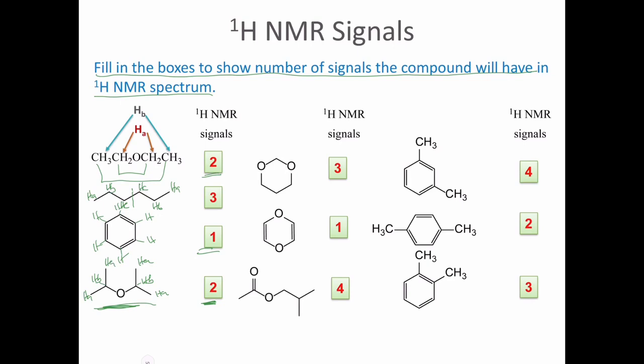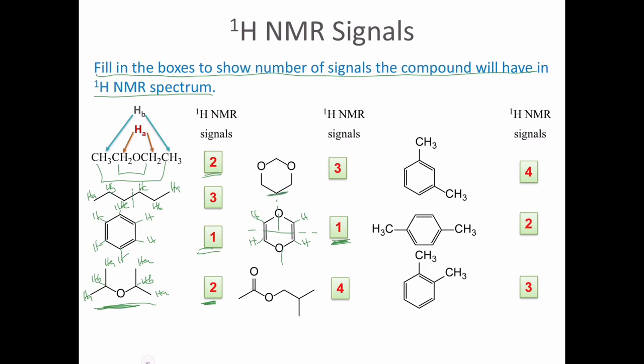Now let us look at any of these compounds that you think are going to be symmetrical. What you could see is we can have a line of symmetry here, or we could have it the other way. So when we do that, the protons in these compounds are going to be a reflection of each other. So in this case, we end up with just one signal.